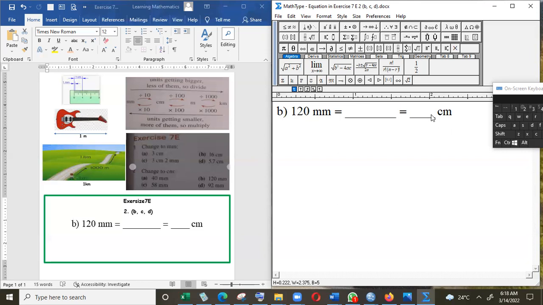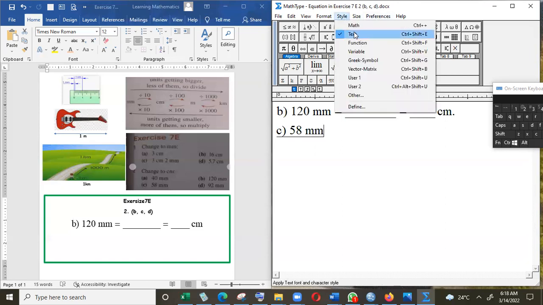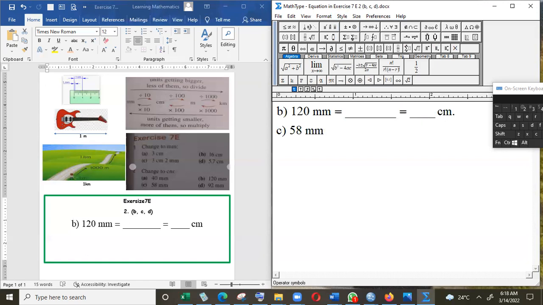Okay, so do that for part B. Part C, we have 58 millimeters. Okay, so take this down, 58 millimeters equal. What do you do? Remember, you start in millimeter.